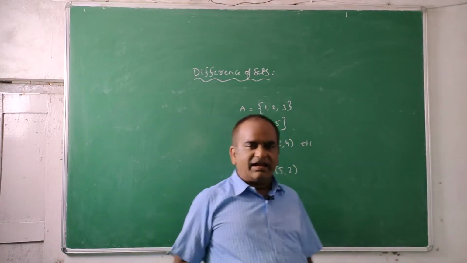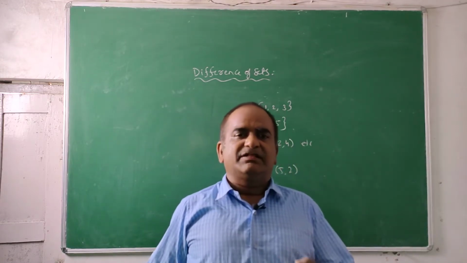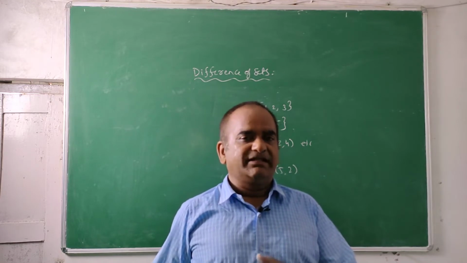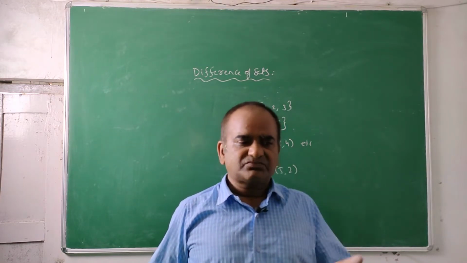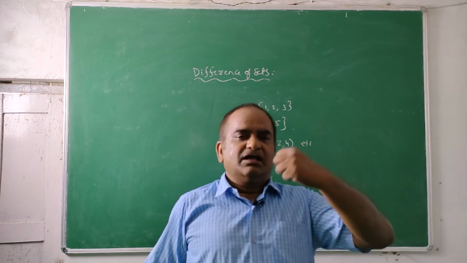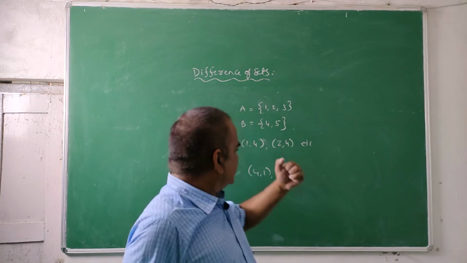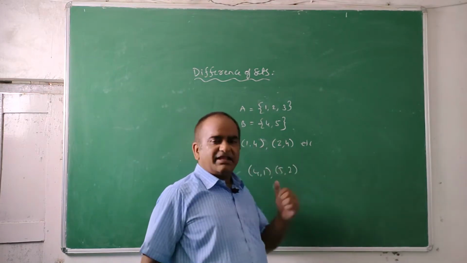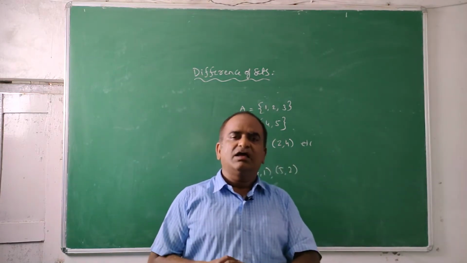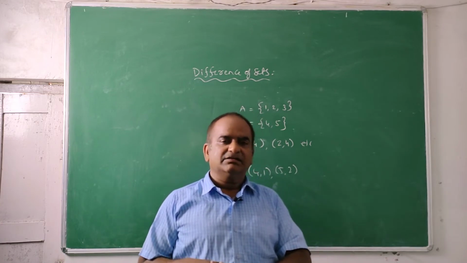So no matter from which set the element is picked up, if you pick up one element from one set and another element from another set, this ordered arrangement is called an ordered pair.